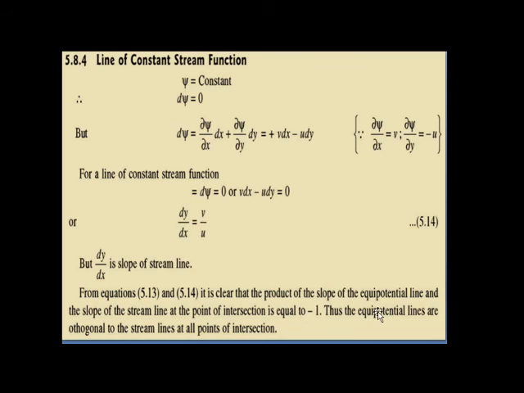If we take the product of the two slopes, it will be equal to minus 1. This indicates that equipotential lines are orthogonal to the streamlines, that is, they are perpendicular to each other.